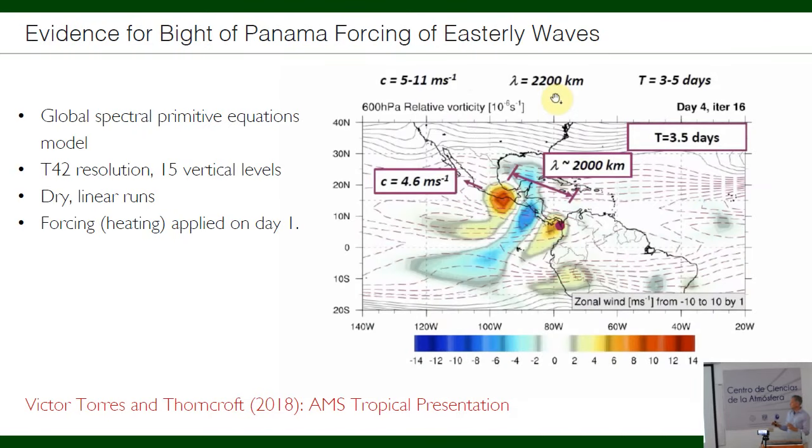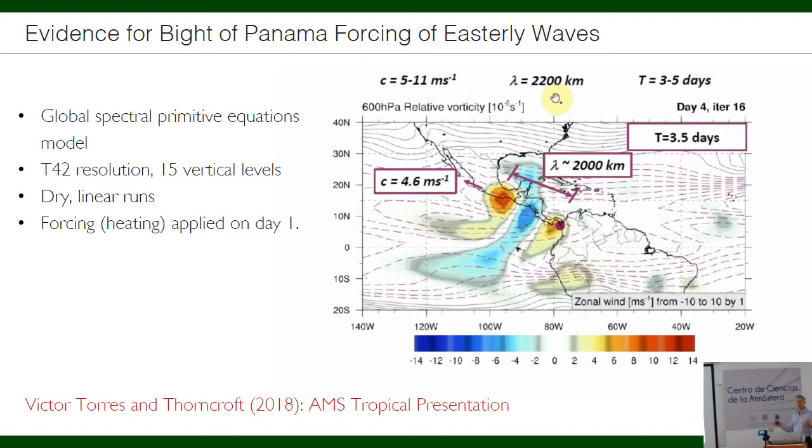Just a brief proof of concept that this might actually work. There was a paper, actually, I don't think this is submitted yet, but this is some work by Victor Torres and Chris Thorncroft in 2018. Essentially the same model that was used over Africa, but now they're looking at the Eastern Pacific. In this paper, they put a strong convective heating source over the Bight of Panama.